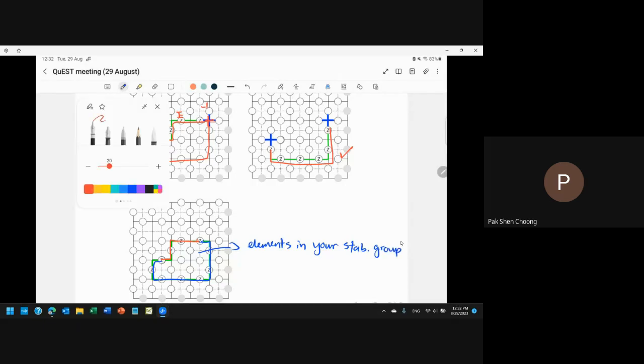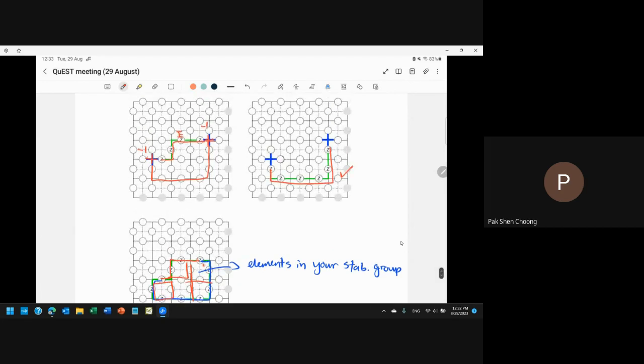Because this is just all the plackets summing up together. So that's why in this case, you have some freedoms to decide how you want to fix your errors.